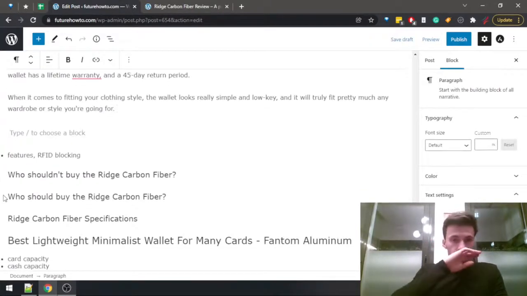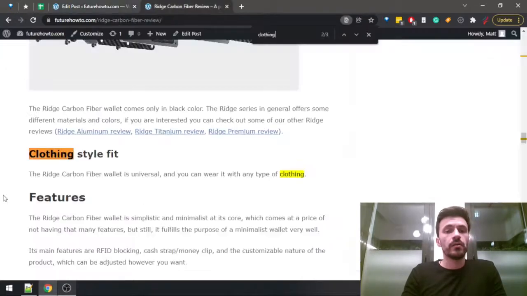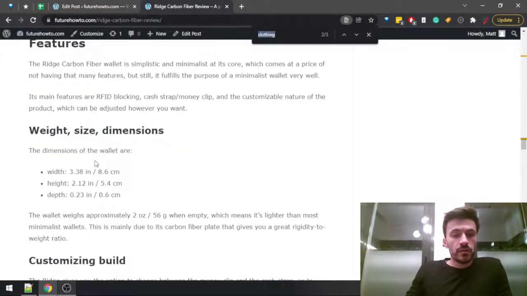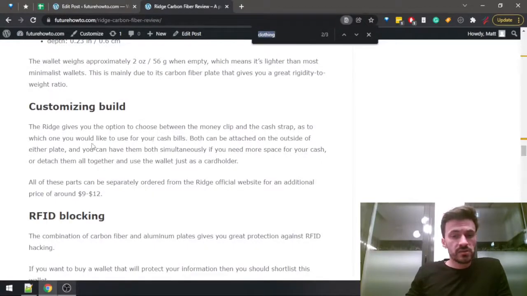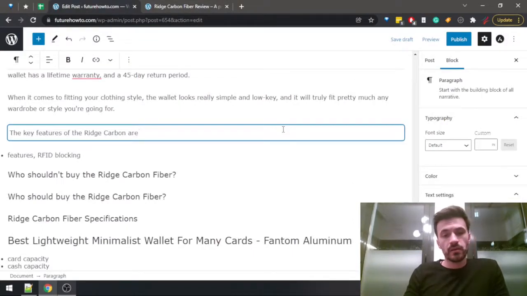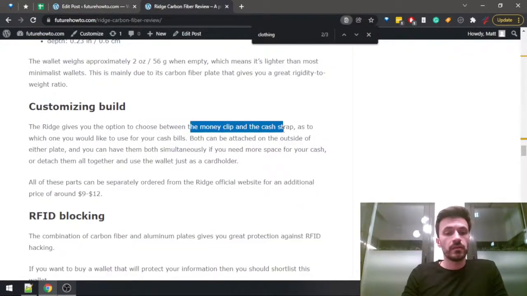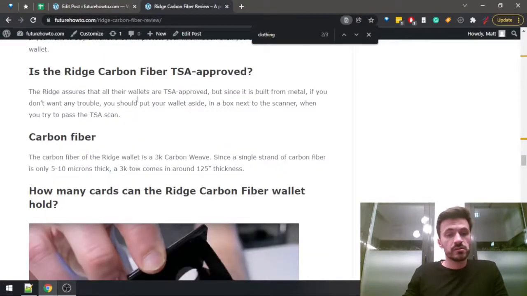So the key features of the Ridge Carbon are customizing build, money clip and cash strap. You can choose whichever one you prefer. RFID blocking, of course.